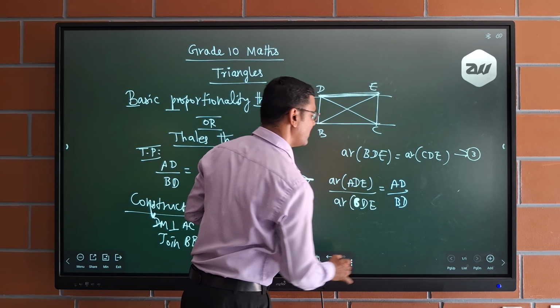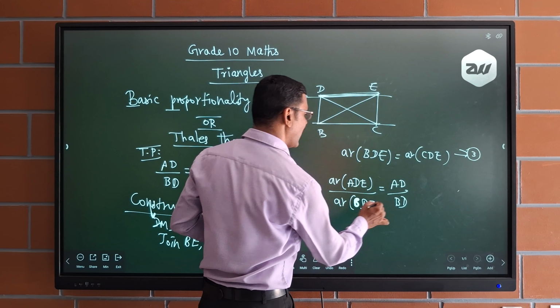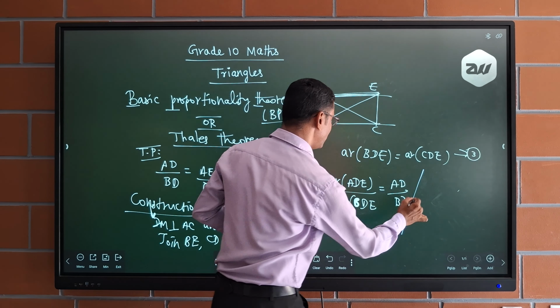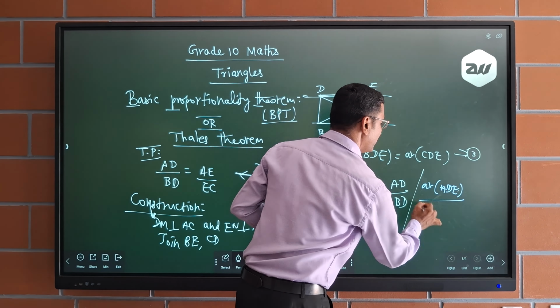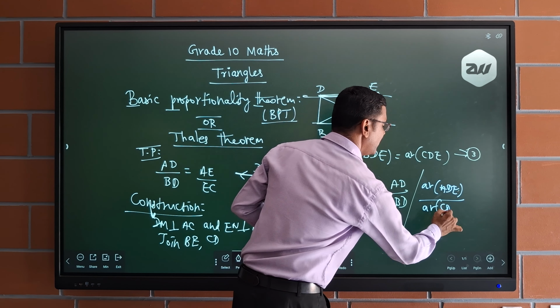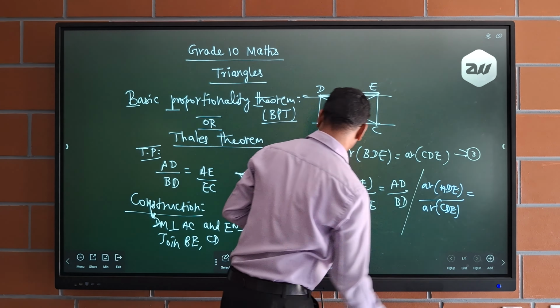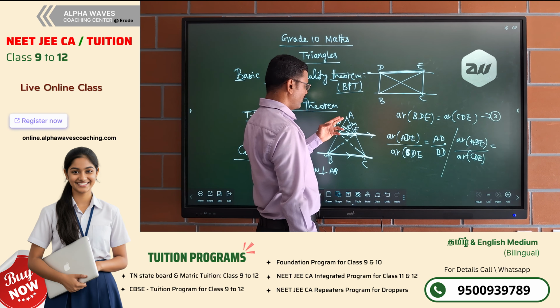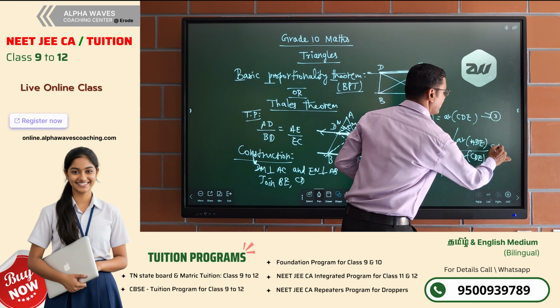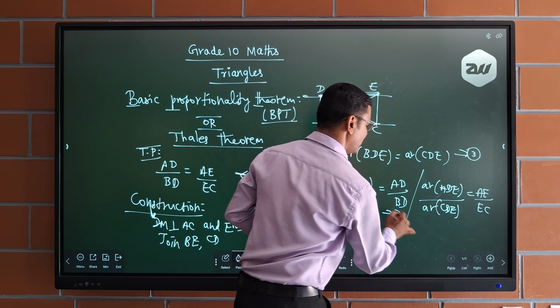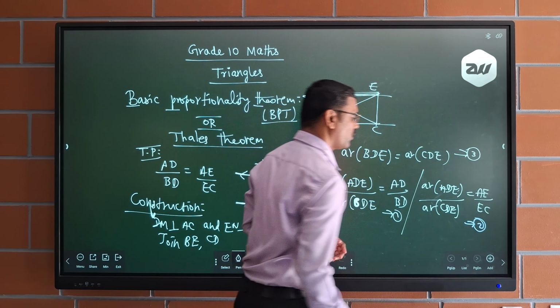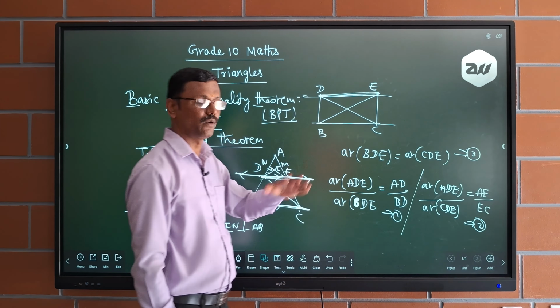This is the first equation, I just write it for your understanding. And the second equation is area of ADE by area of CDE, which is equal to what I proved, AE by EC. We already proved this. So now the third equation is this. So I connect all the 3 equations.